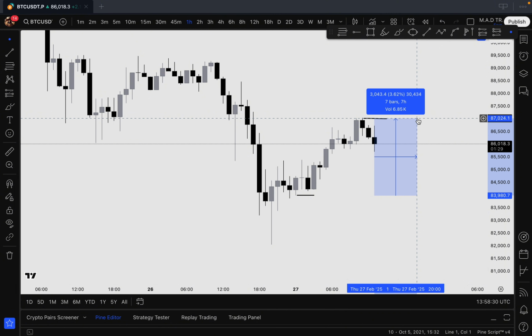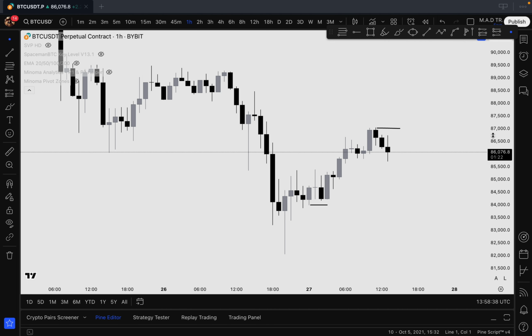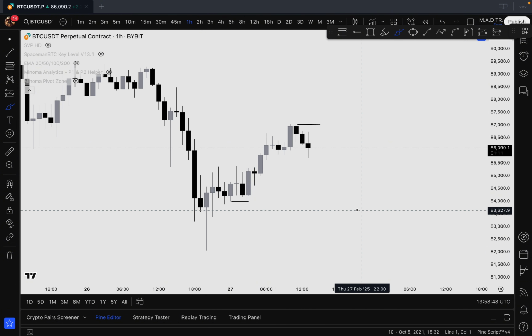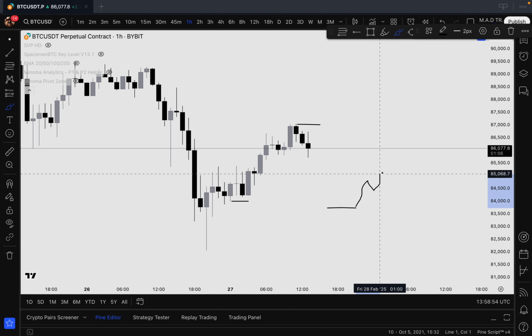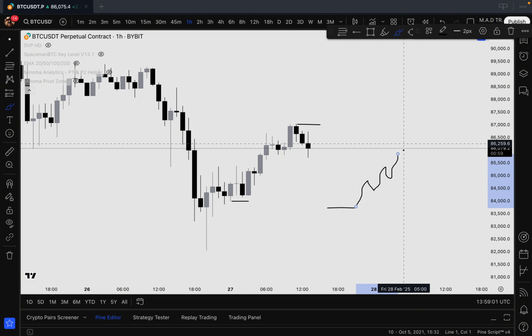By knowing this, we can use a database, which is the Monoma Analytics dashboard, and then we can see what price has done in the past with moves up and moves down and how price behaves. So the theory behind it is that, let's say this is our low and price starts moving up from there, it requires energy to push the price up. But just as it requires energy to push price up, it also requires energy to push price down.